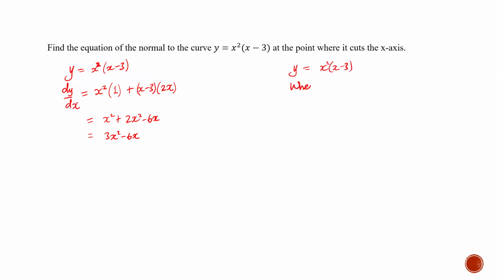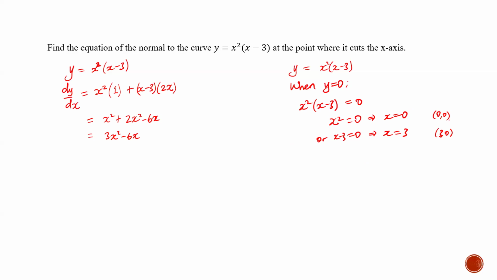So when y is 0, we have that x squared times (x minus 3) is equal to 0. So we could either have x squared being 0, which implies that x is equal to 0, or x minus 3 is equal to 0, which implies that x is equal to 3. So we have 2 points that we might want to consider, the point (0, 0) and the point (3, 0).